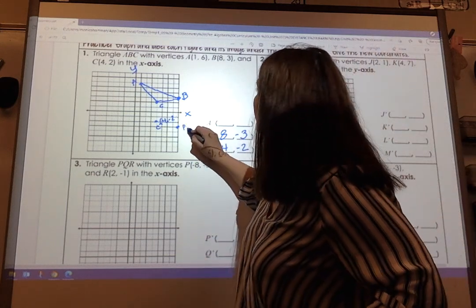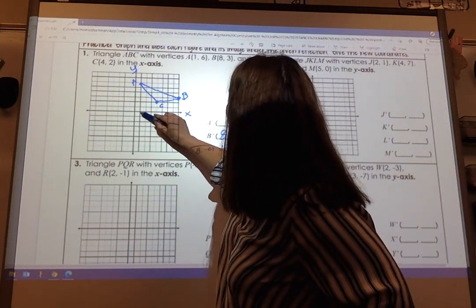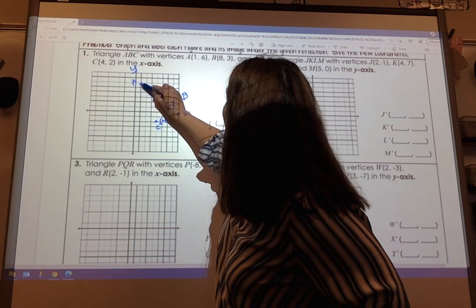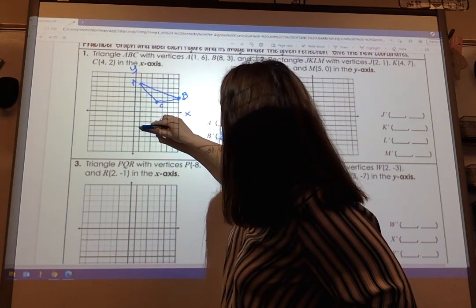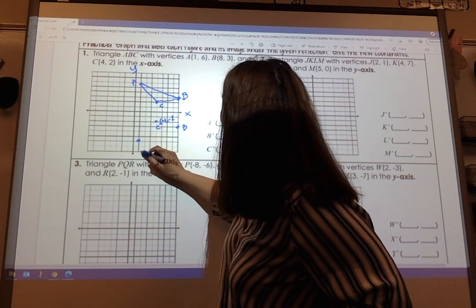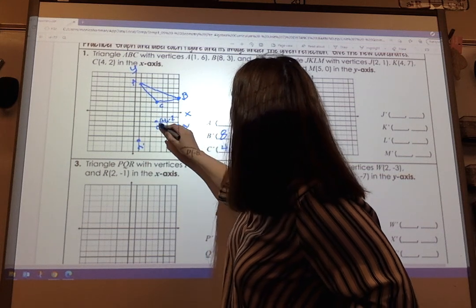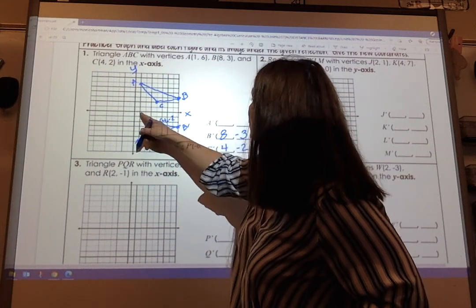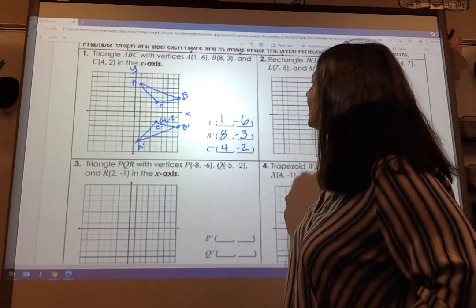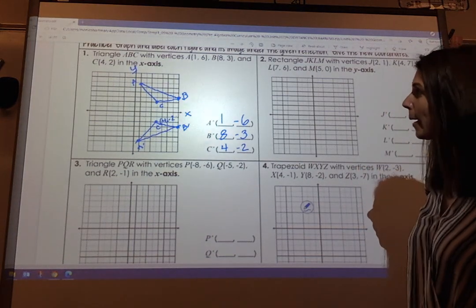Okay, that's my B value. And my A value is located 1, 2, 3, 4, 5, 6 units up from my x-axis, so it's going to be 6 units down. So it's still 1 and it's negative 6, okay?